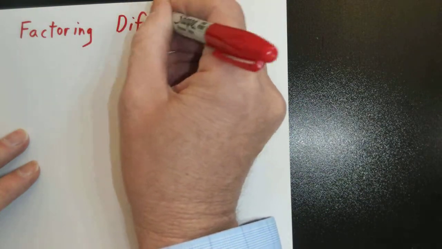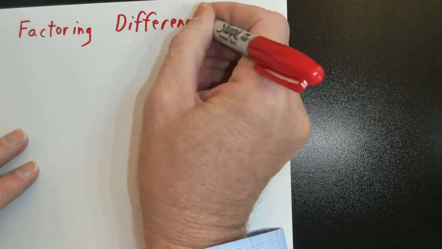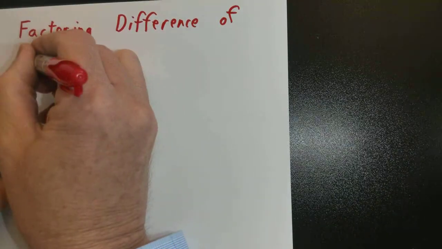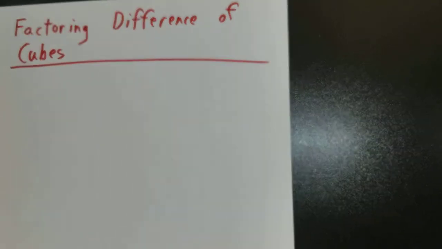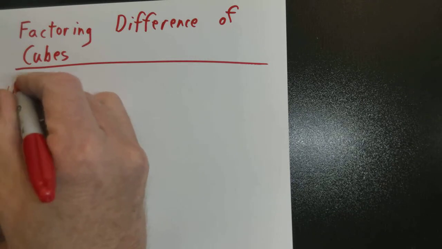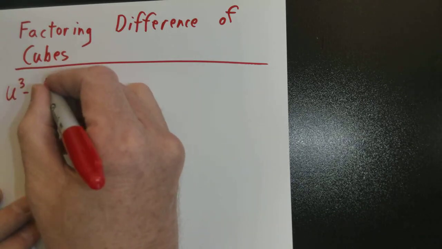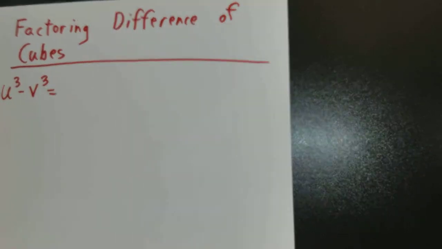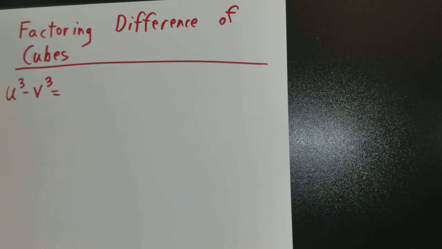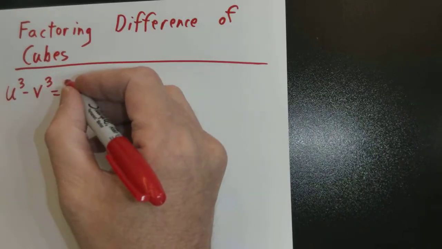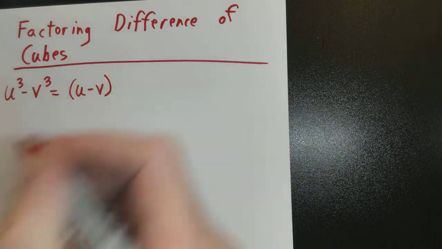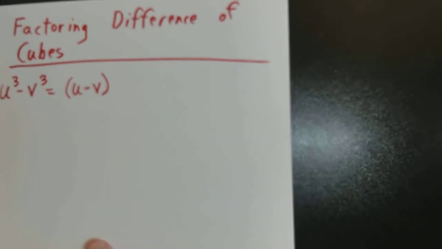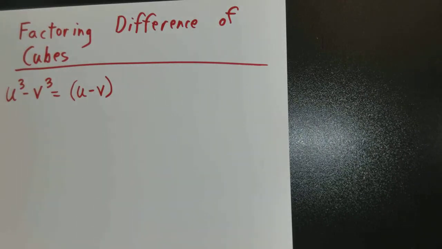Factoring difference of cubes. The first factor is the binomial that is the cube root of each term here.